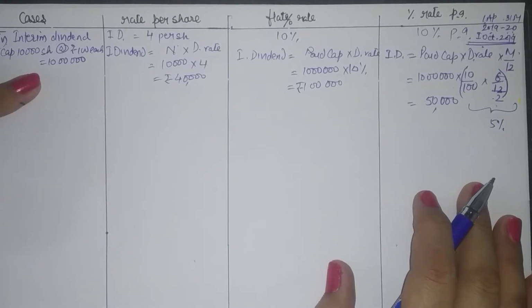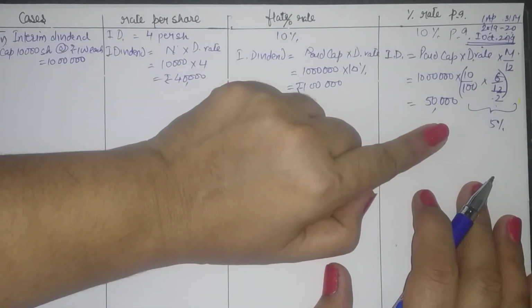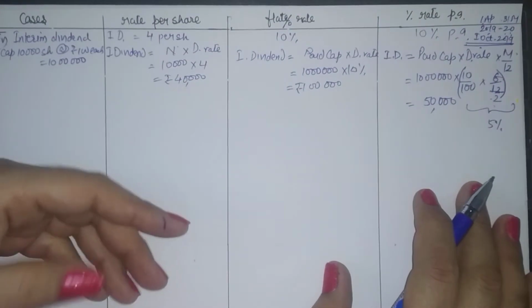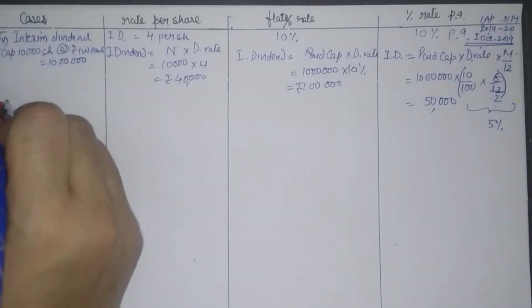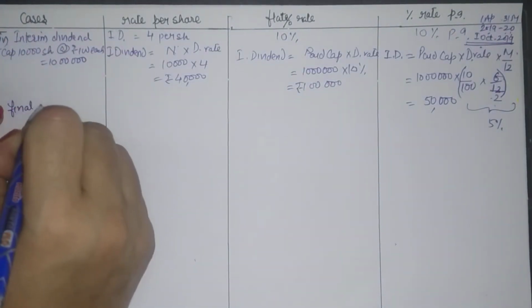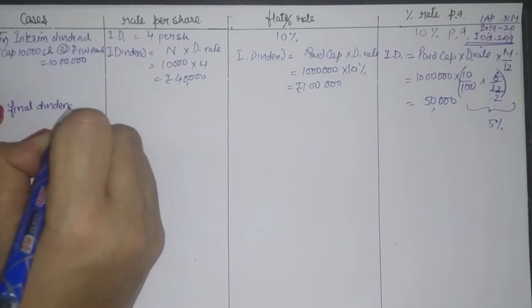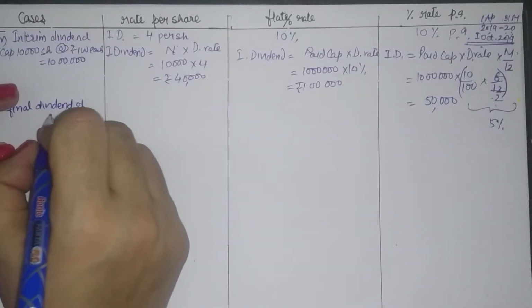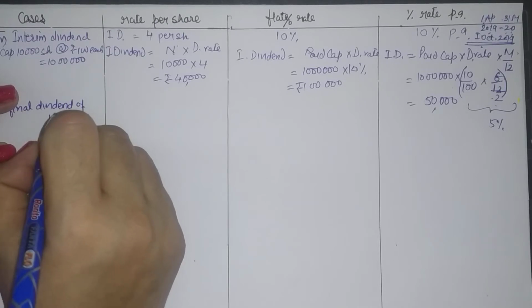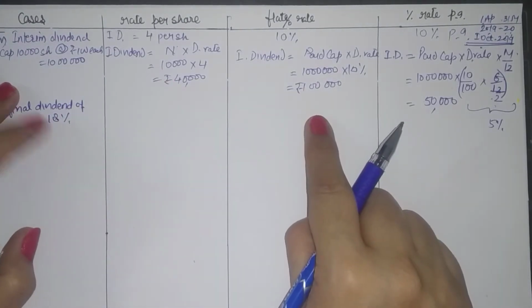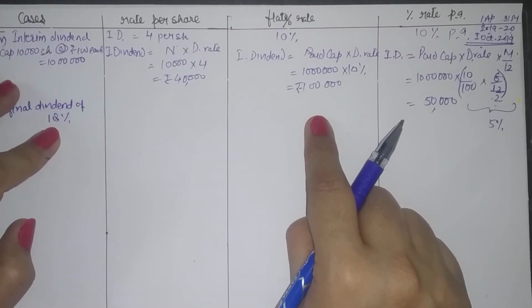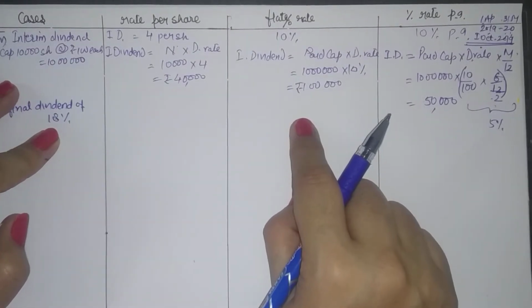Now when interim dividend is calculated like this, it is going to affect our final dividend also. Suppose in the same example, company declares final dividend of say 18%. Now if final dividend of 18% is given, you will take up dividend as it is.